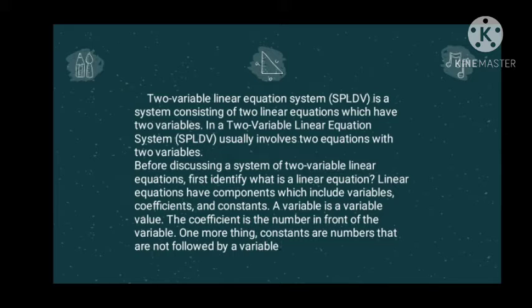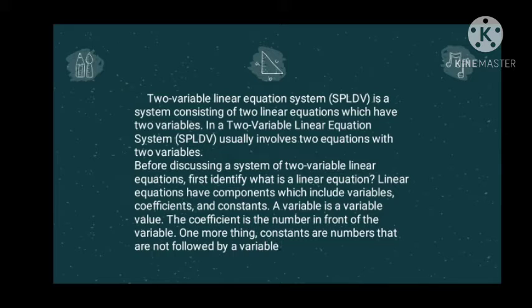Before discussing a system of two-variable linear equations, first identify what a linear equation is. Linear equations have components which include variable, coefficient, and constant. A variable is a value that varies. The coefficient is the number in front of the variable.